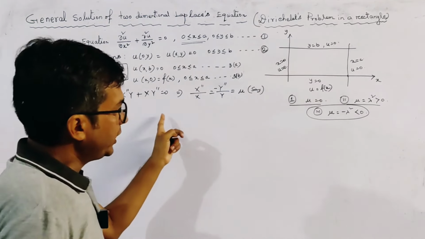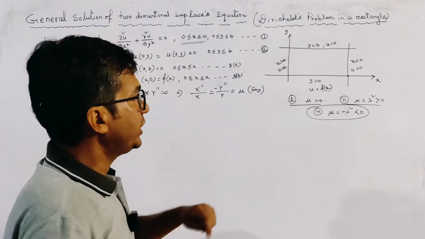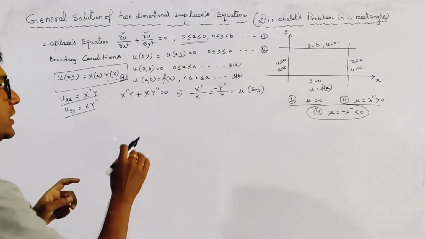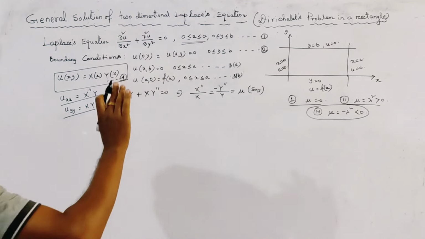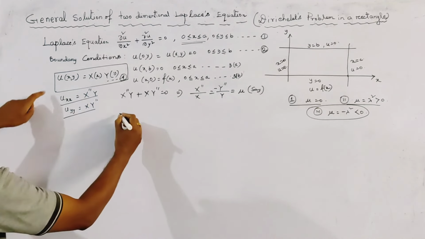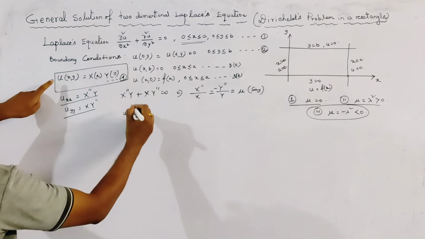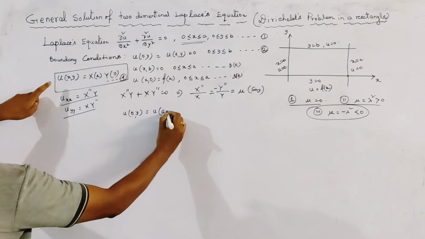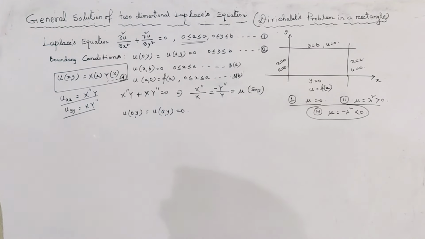Before going to the third case, we modify the given boundary condition. From this relation we get u(0, y) = u(a, y) = 0.